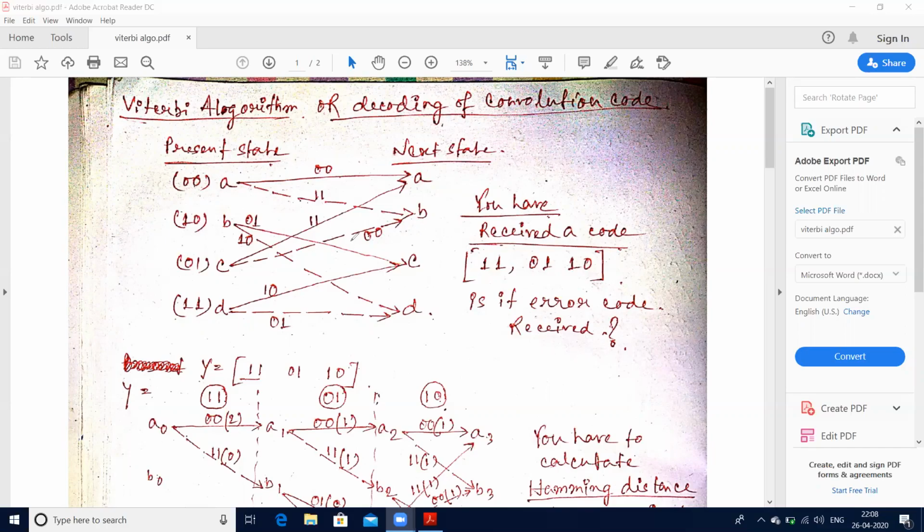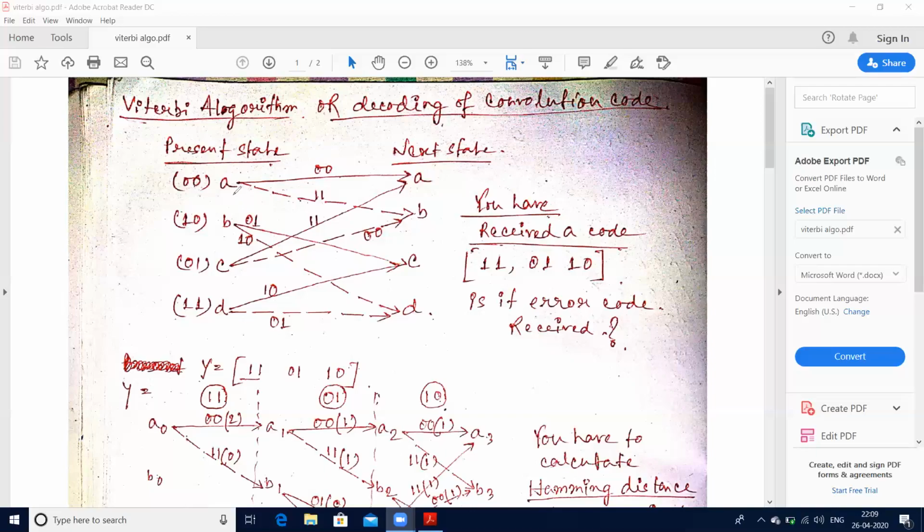If you follow the previous lecture, I had discussed the code trellis. We will follow the code trellis technique to determine whether the received code is an error code or not. From that code trellis diagram, this is the present state and this is the next state we have already assumed.